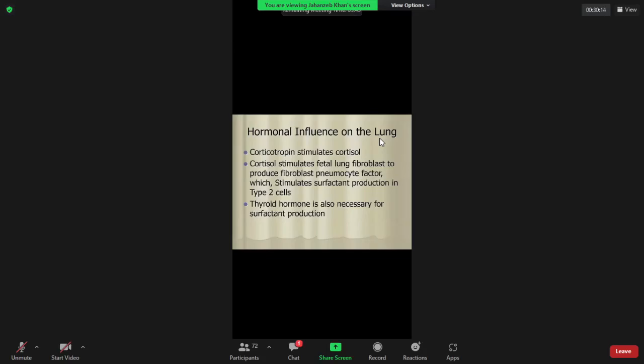Okay, so you have to remember, just compile this thing. If you compile this, what is happening? Initially, we have the lung bud, which is ventral to your foregut, and the lung bud grows down caudally.